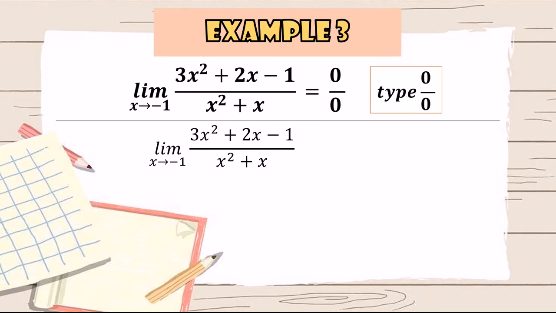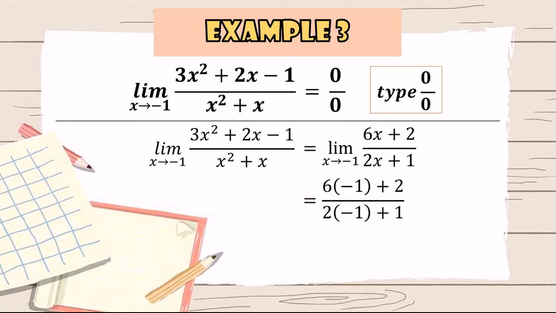The derivative of the numerator 3x squared plus 2x minus 1 is equal to 6x plus 2, and the derivative of the denominator x squared plus x is equal to 2x plus 1. Now we can use direct substitution for this one. So we have 6 times negative 1 plus 2 over 2 times negative 1 plus 1, which is equal to 4.